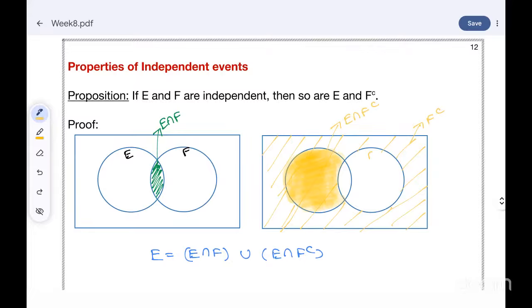That should also be clear. E is the union of this part and this part together, right? So first of all, is it clear for everyone why E can be written in this way? Okay. Now the next step: are E intersection F and E intersection F complement mutually exclusive? What is meant by mutually exclusive?